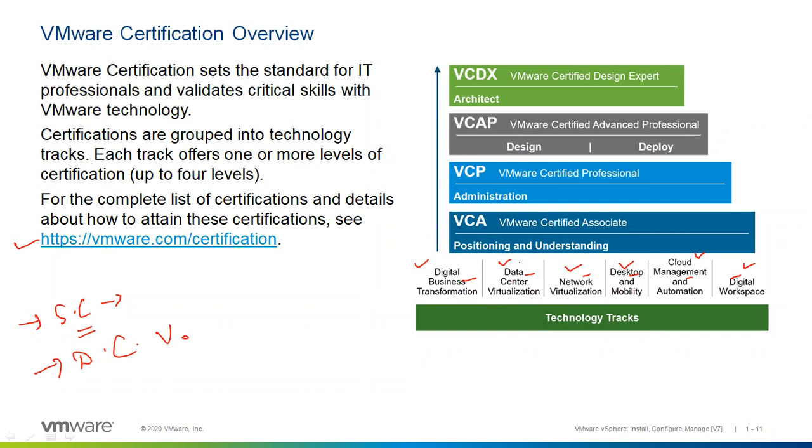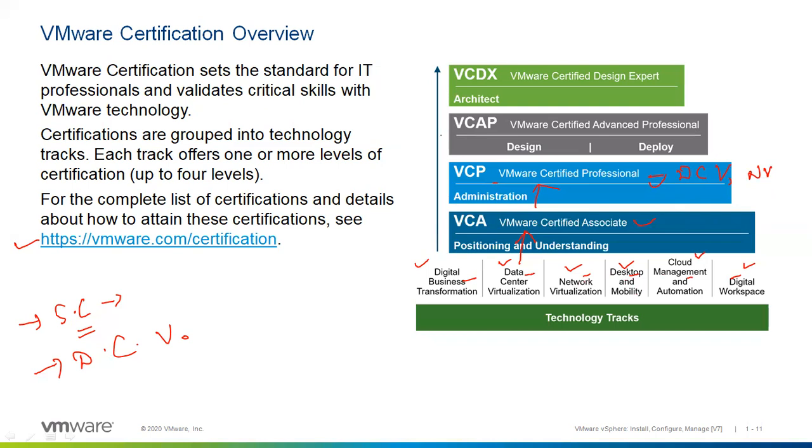The first level of certification is the associate certificate, the VMware Certified Associate. The next level is professional, VMware Certified Professional. For example, if you do it in data center virtualization, then it is DCV. If you want to do it in network virtualization, it is NV, and desktop mobility works the same way.